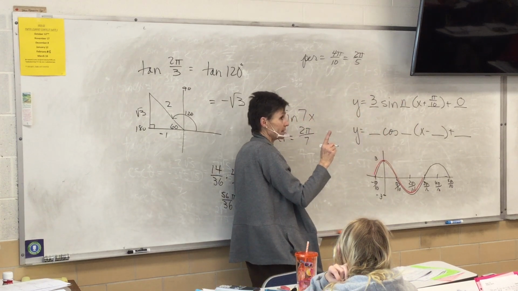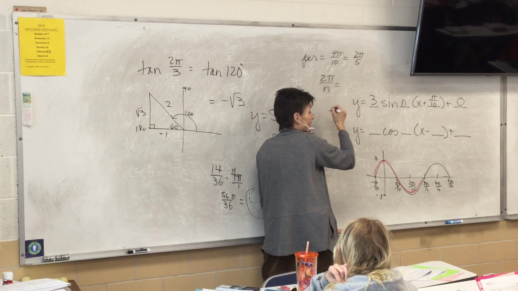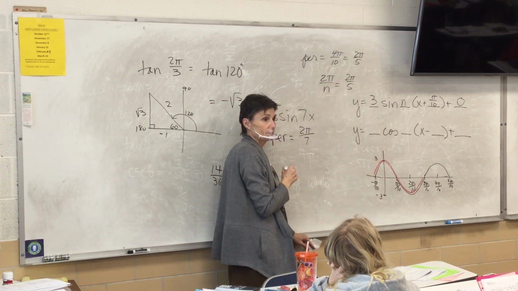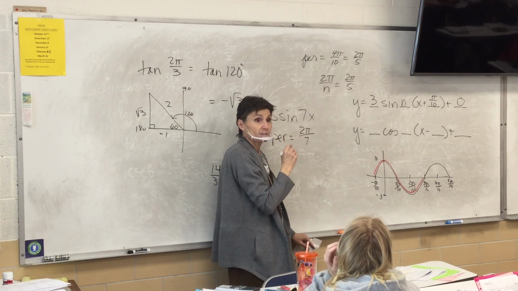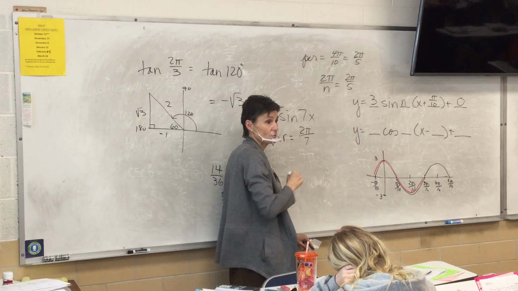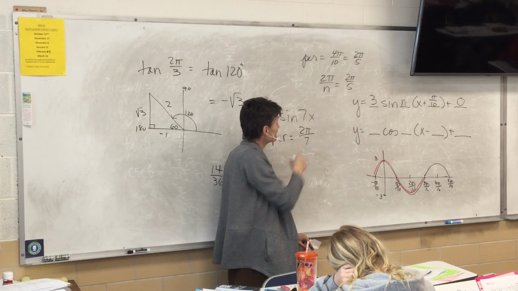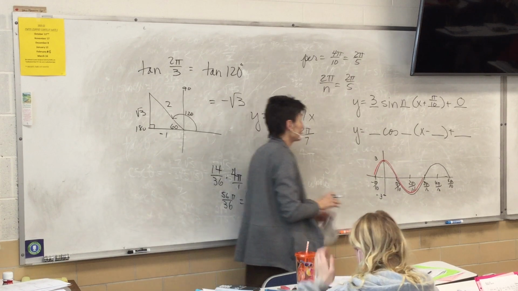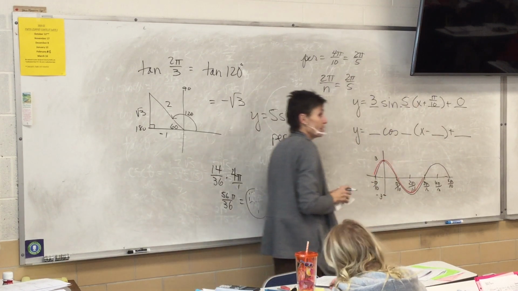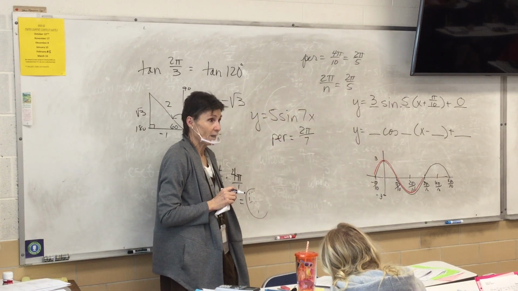But apparently, when I divided 2 pi by it, I got 2 pi over 5, because that's the period. So what does that number have to be? That's an easy one. Usually we have to cross multiply and stuff, but that's an easy one. What does n have to be? 5. So this number's a 5. That's what would make the period 2 pi over 5.